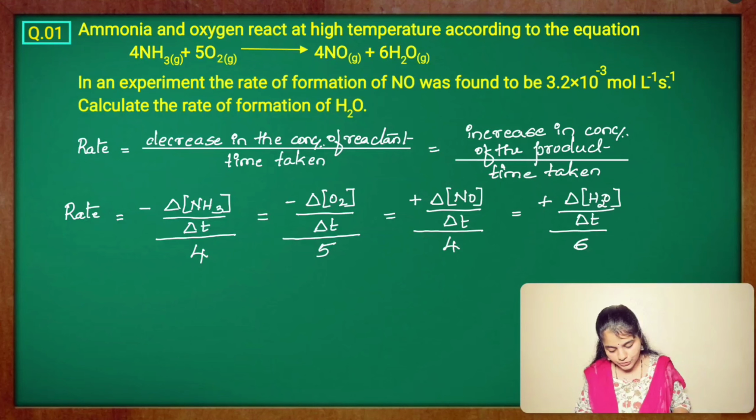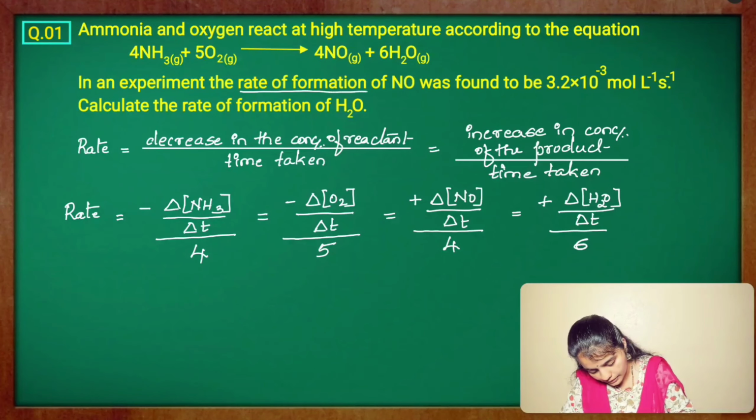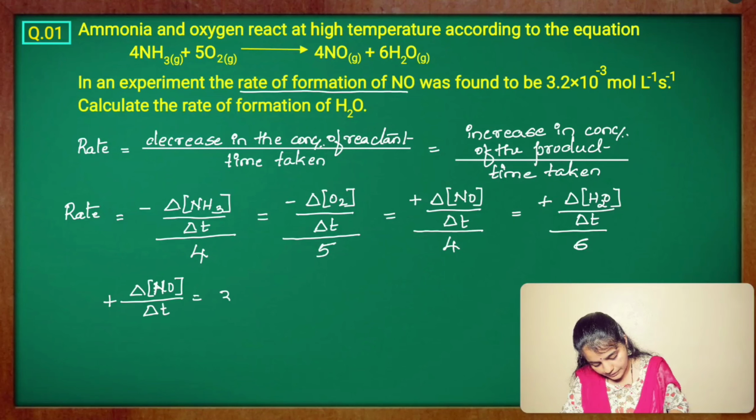Now coming back to the question. So they have given us the rate of formation of NO. Rate of formation of NO means it is plus delta concentration of NO divided by delta T. So this value is given, that is 3.2 into 10 to the power minus 3 mole per liter per second.